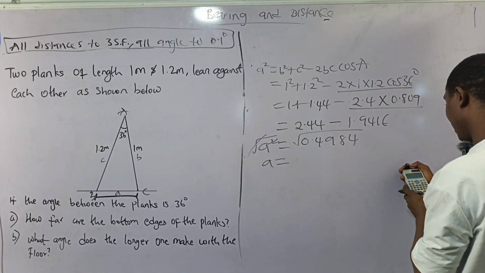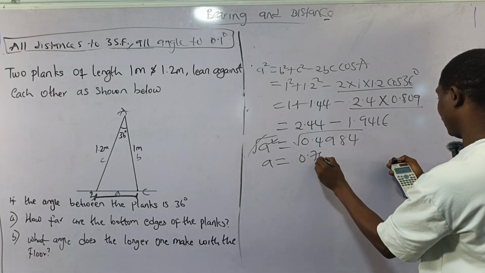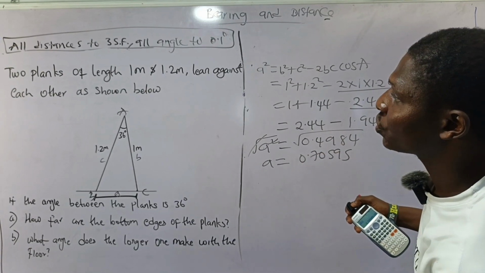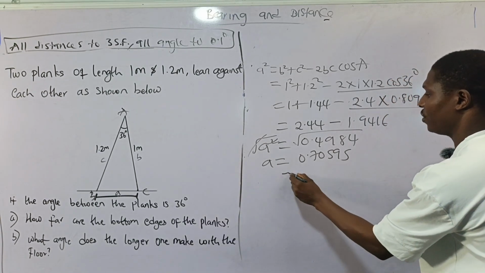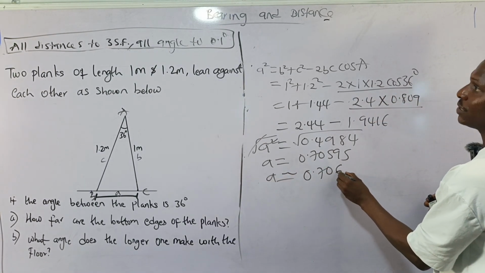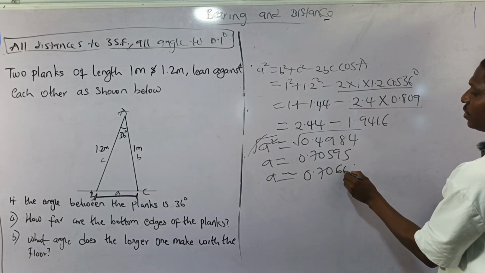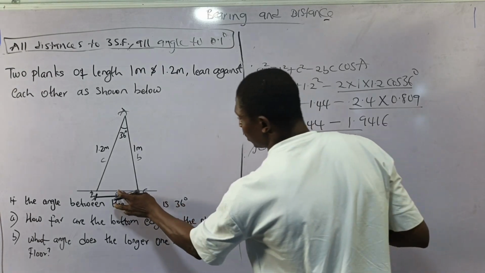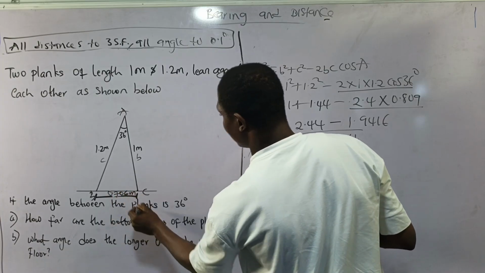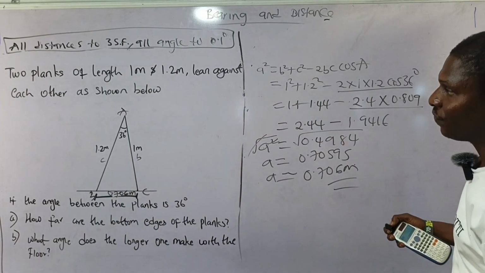So the square root of this answer gives me 0.70595. But remember, they said to 3 significant figures. So I have my a equal to 0.706 meters. So this is my answer. So this length is 0.706 meters. So I've gotten the first question.